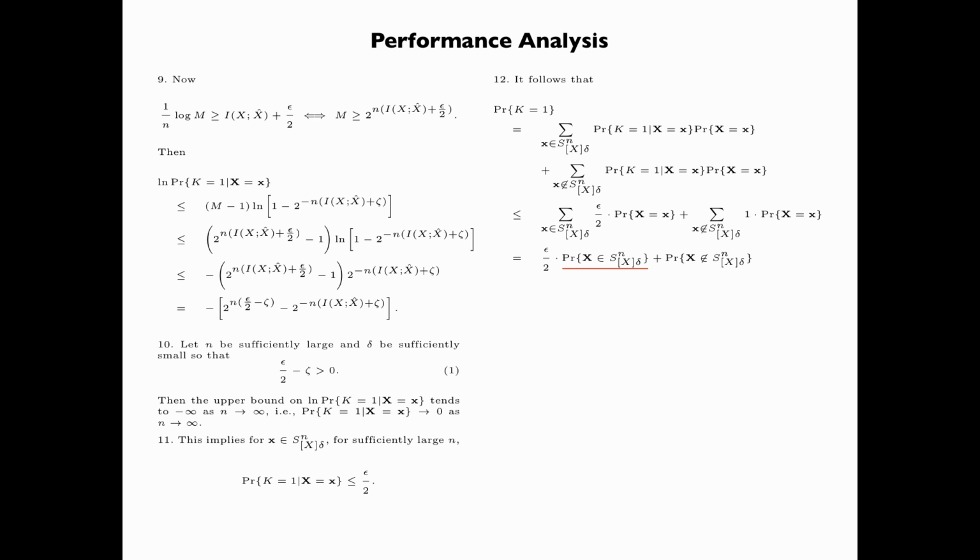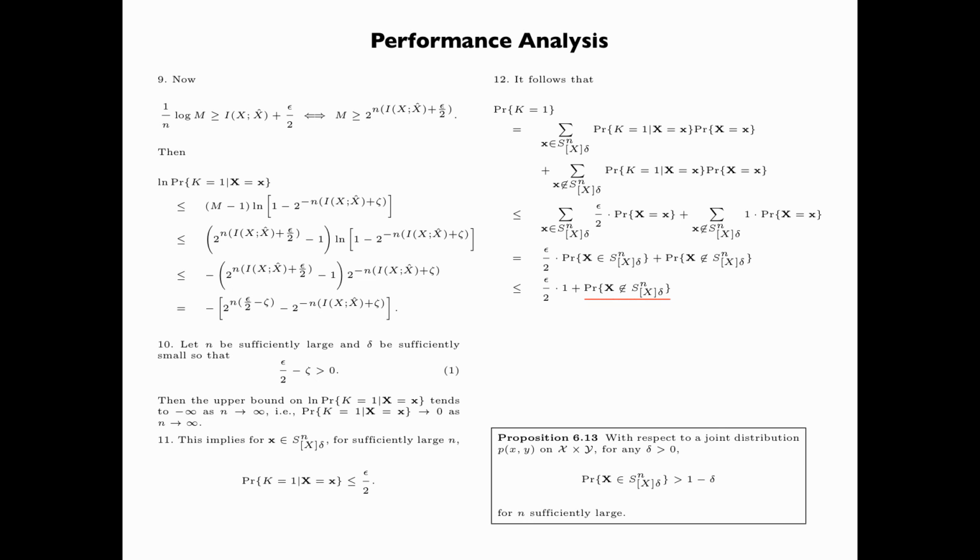Now the probability that the source sequence is in the S set is upper bounded by 1, and the probability that the source sequence X is not in the S set, by proposition 6.13, is upper bounded by delta. And so, we have obtained that the probability that K is equal to 1 is upper bounded by epsilon over 2 plus delta.